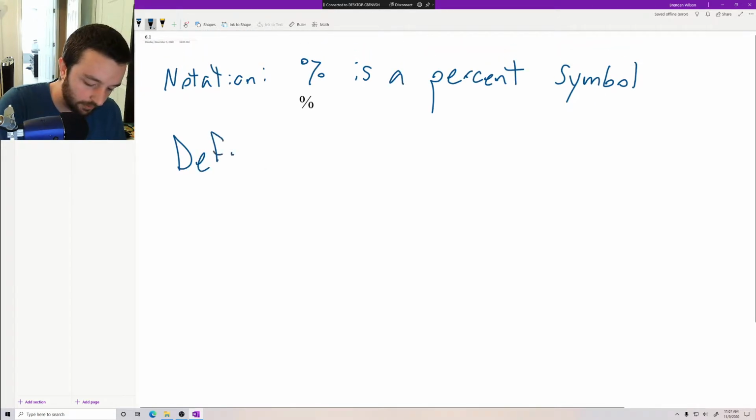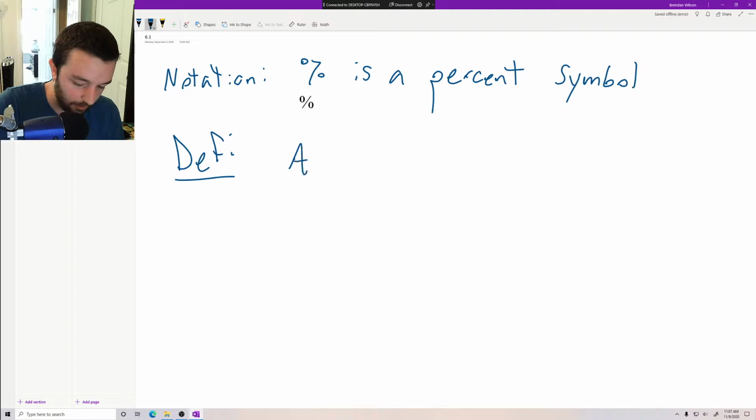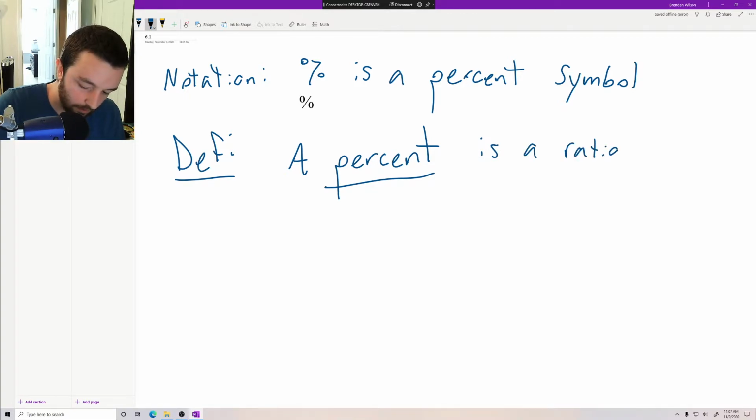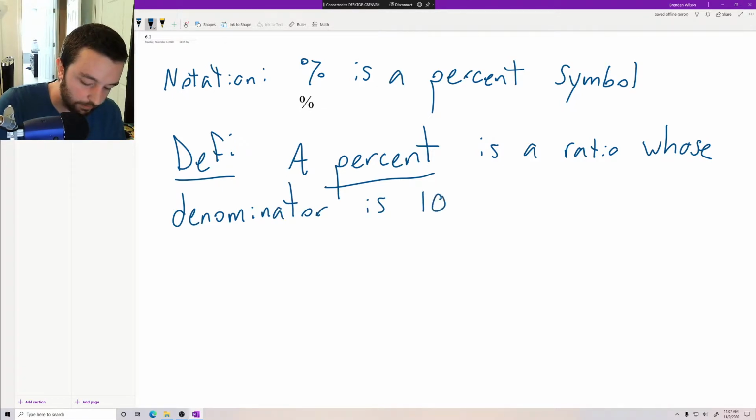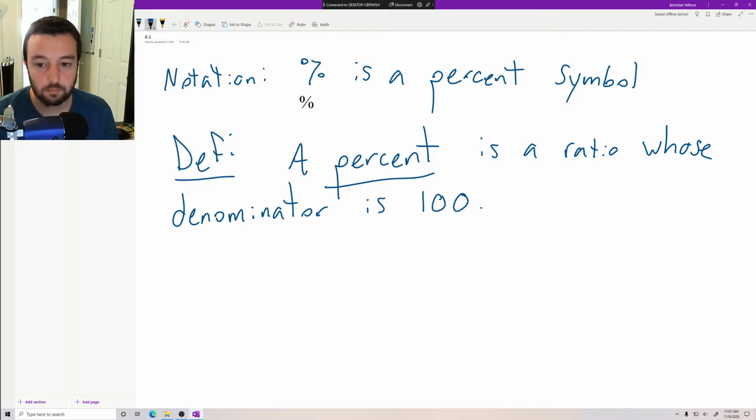So let's start with the definition of a percent. A percent is a ratio whose denominator is 100. Okay.